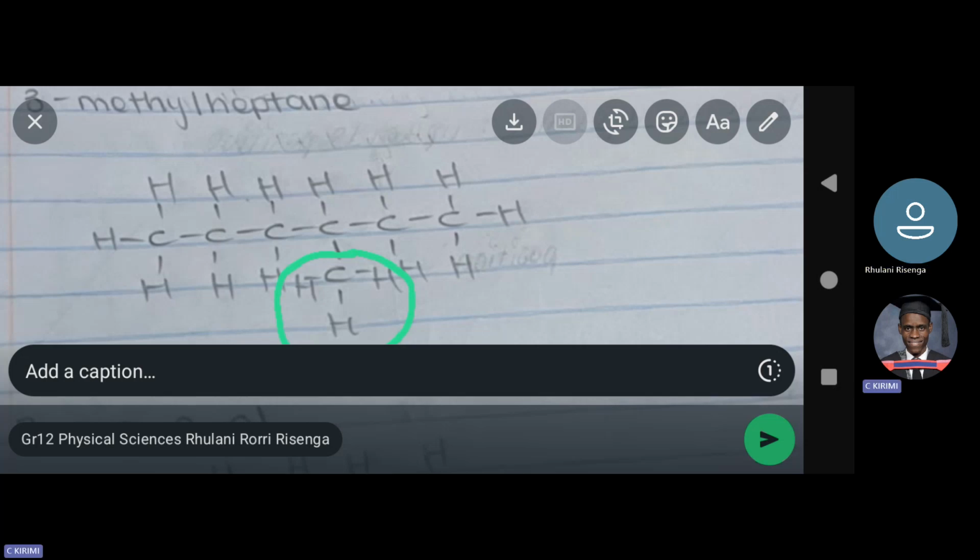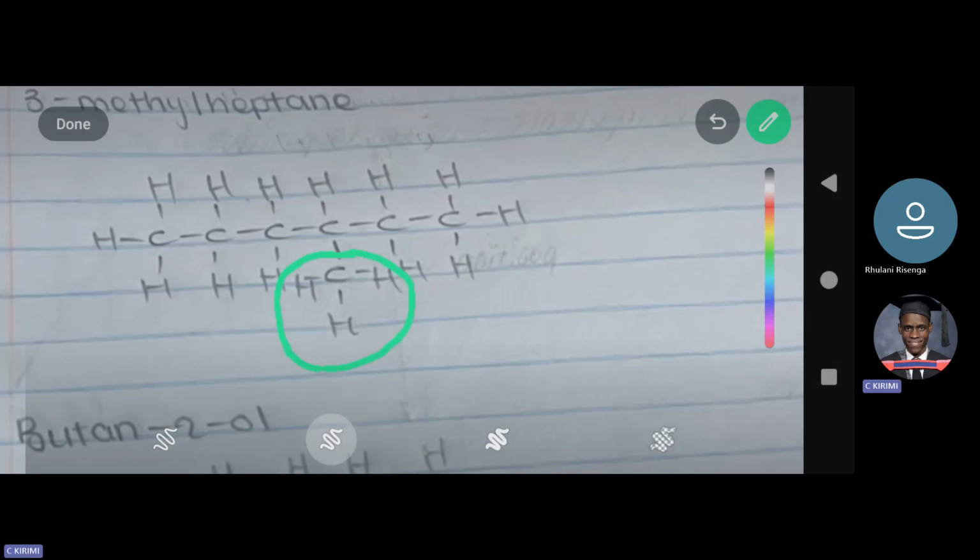Heptane is what? It's 7. 7, isn't it? Yes. So how come you put 6? It's a mistake.